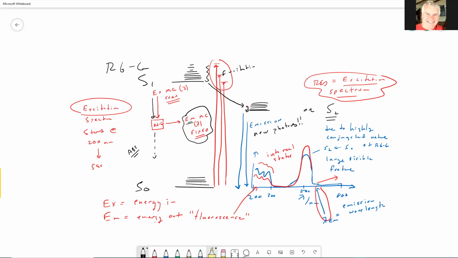Okay, alrighty. So in absorbance spectroscopy, you've got a light source here. And it's basically just a fancy light bulb. And then it goes through a monochromator.